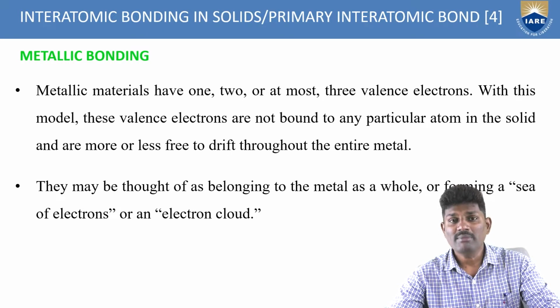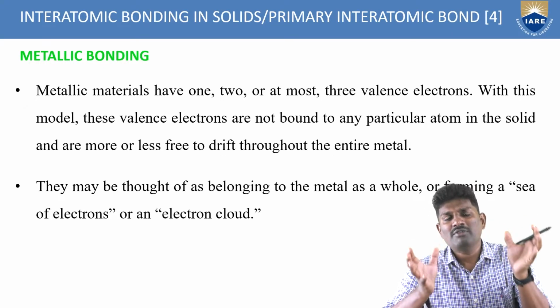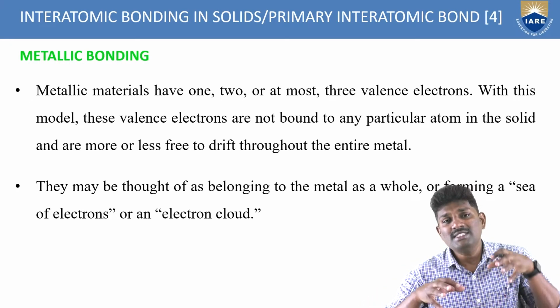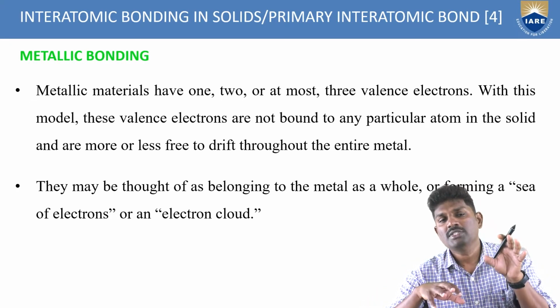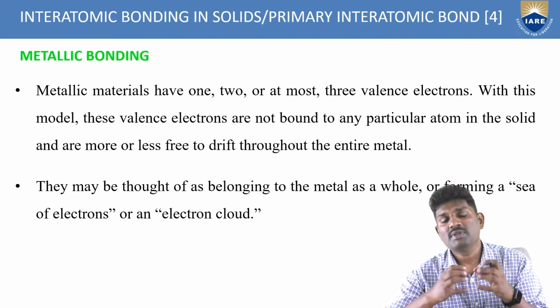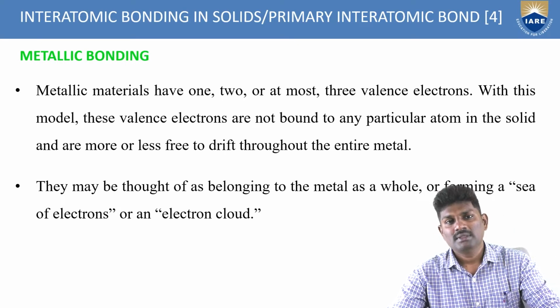Because these metals are very flexible. They are ductile in nature, so you can modify them into any type of shape. Because of that, the electrons inside the body are easy to distribute to any position, so you can easily manufacture different shapes or geometries with the help of metals.